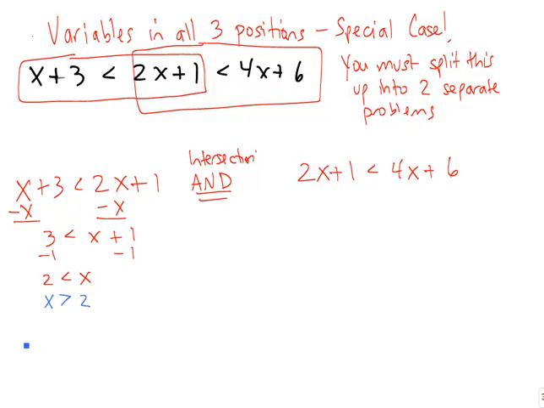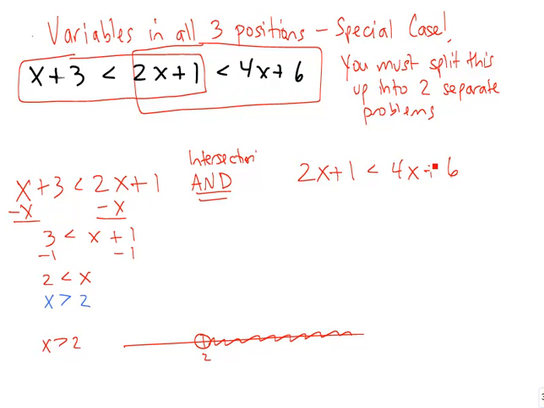So that's going to have as its solution on a number line, open circle, shading to the right. So don't shade to the left, even though you see a less than symbol up here. When you flip it around, it's really supposed to be x is greater than 2, shading to the right. So that's the solution to the left problem.